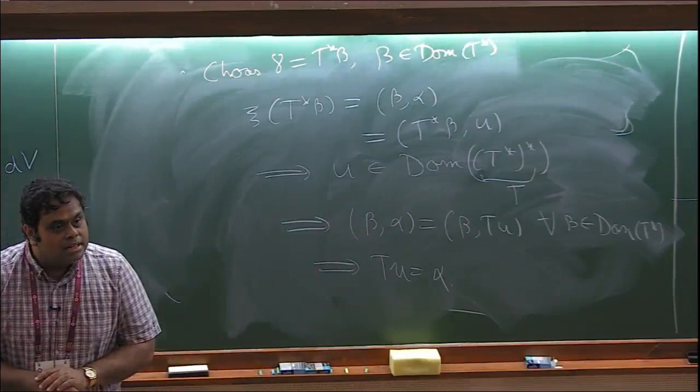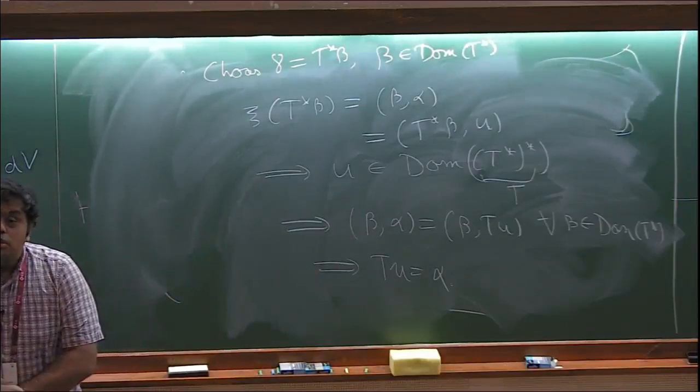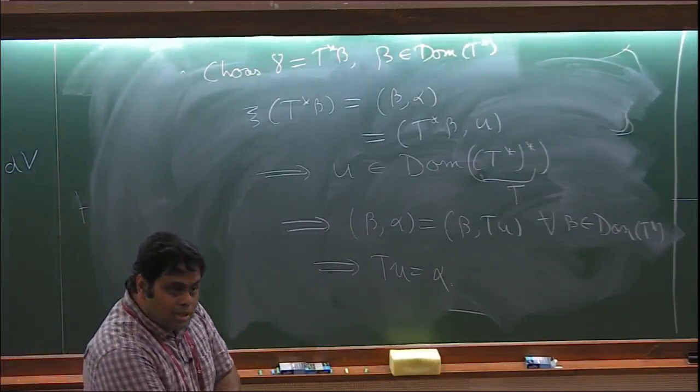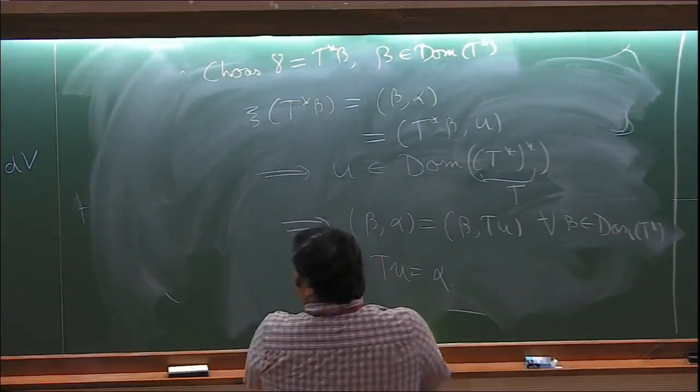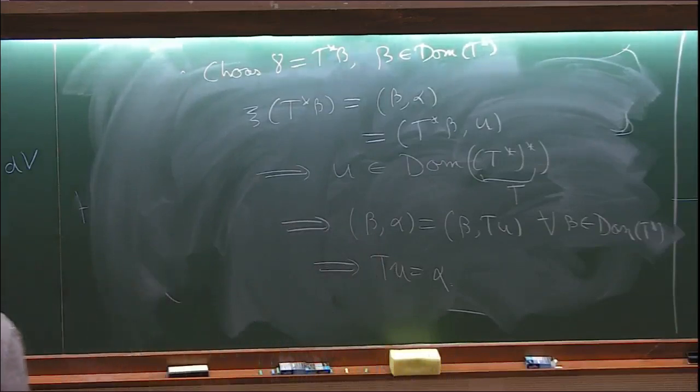Is that clear? So this is the tool that is going to be used in order to prove Hormander's theorem. Okay? So therefore, what we really need in order to prove this result is an inequality.